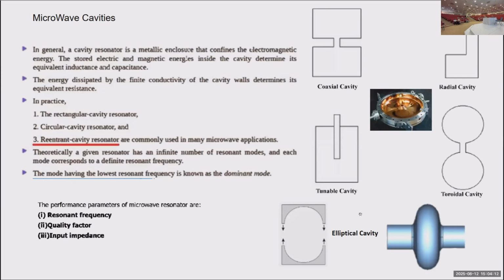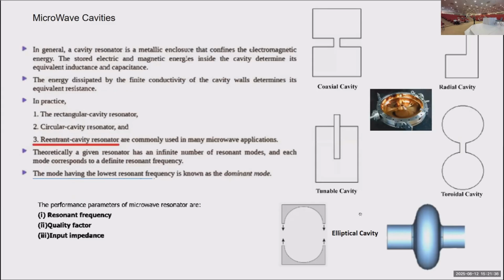I have defined what microwave cavities are. On the right side, you can see some of the cavity types or shapes. It's the coaxial cavity, made up of a coaxial line with both ends closed, and a small piece in the middle cut to produce a capacitance.